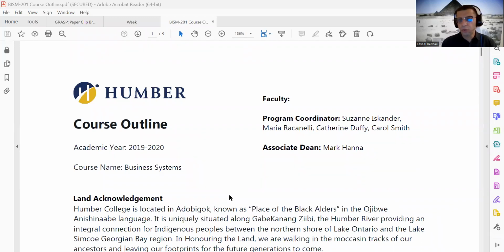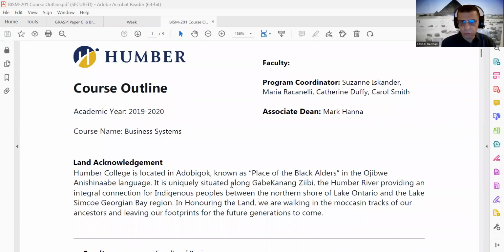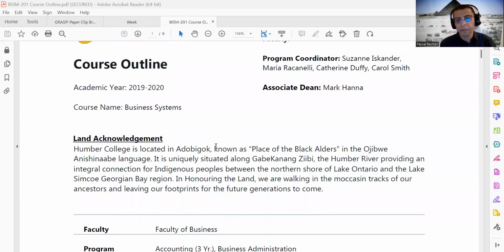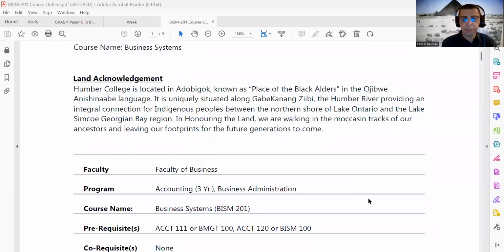This is the course outline, and the course name is Business Systems 201. When I see you in the class, we need to acknowledge this land, and we'll read this. This belongs to the Faculty of Business.